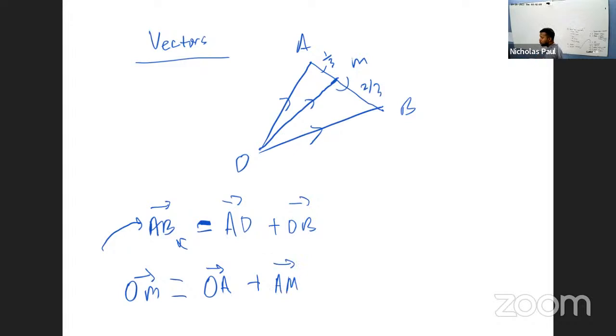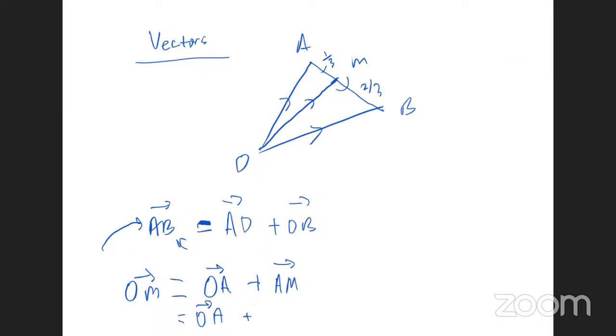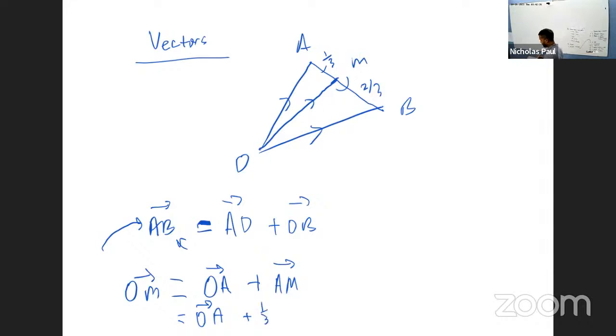What is AM? Look at the line. AM is 1/3 of the whole thing. So AM is 1/3 of the whole line.